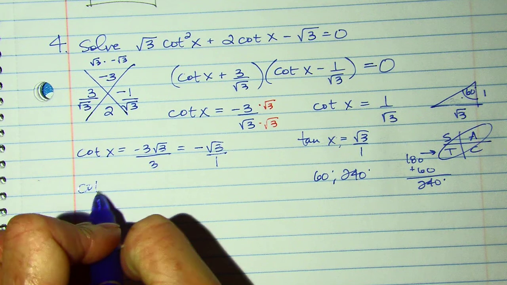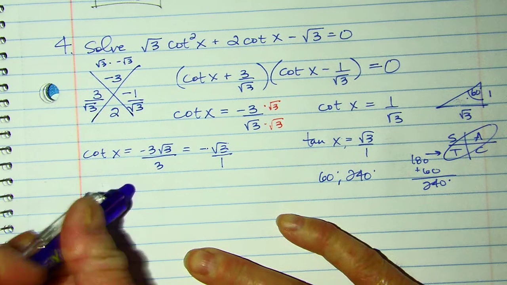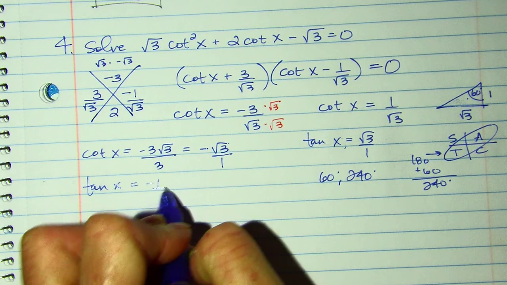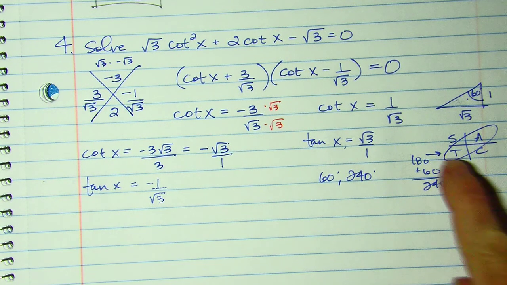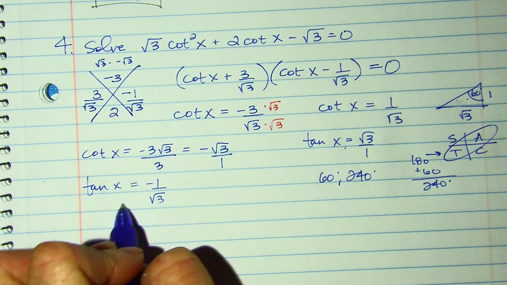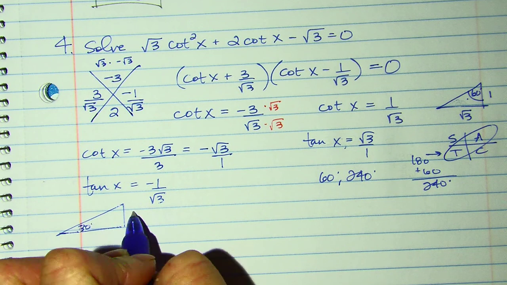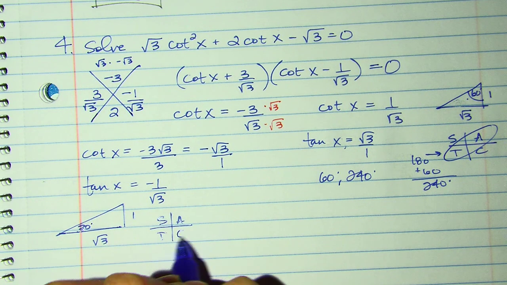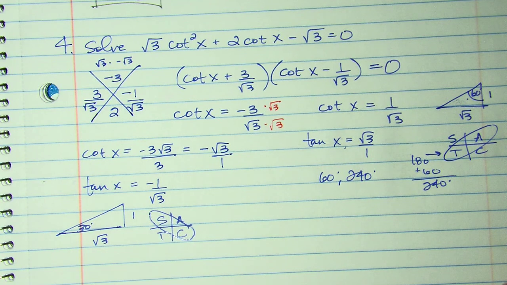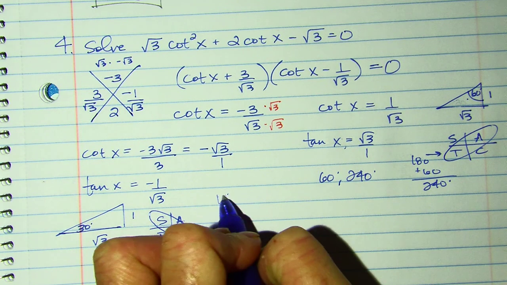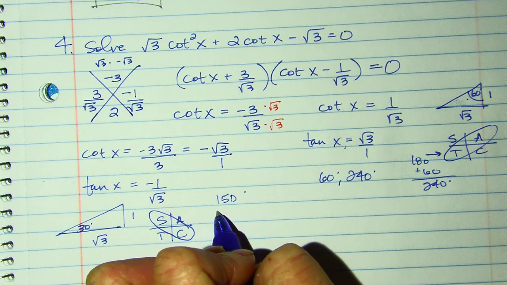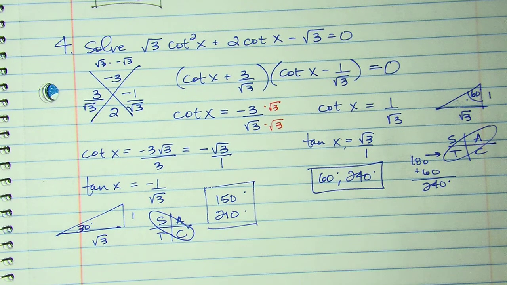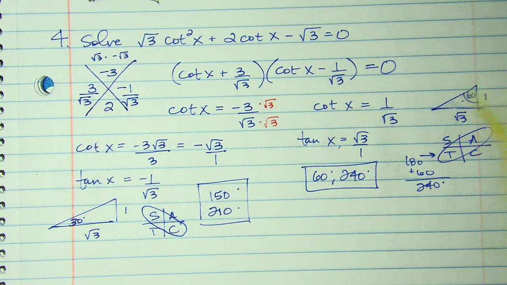So this is asking when is the tangent of x a negative 1 over root 3. Well, it's negative. This would be the 30 degrees. There's 1 over root 3. And all students take calculus. I'm negative here. So that would be 180 minus 30, which is 150, and 180 plus 30, which is 210. So these 4 solutions are the solutions for x.